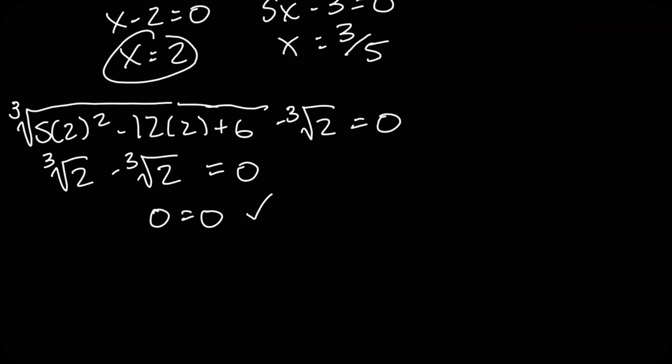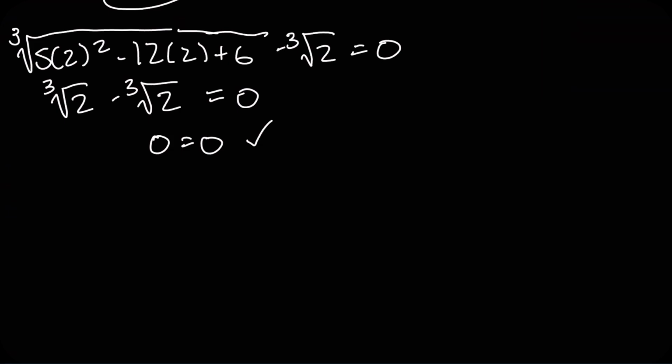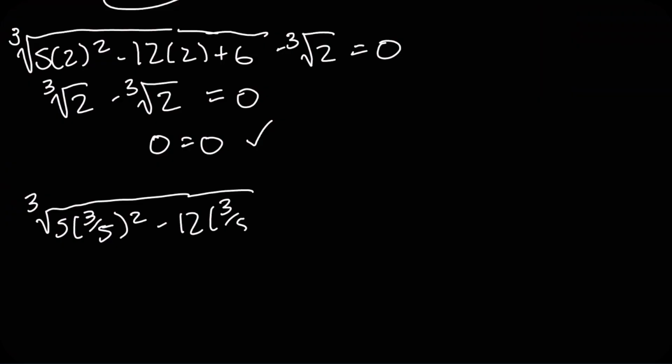Let's go ahead and try our 3/5 in our original equation and see if that one makes sense as well. So we will have the cubed root of 5 times 3/5 squared minus 12 times 3/5, and then plus 6, minus the cubed root of 3/5, and this is going to be all equal to 0.